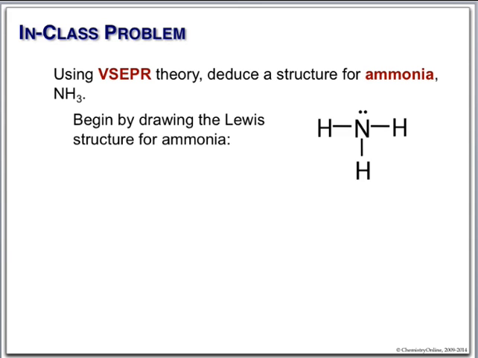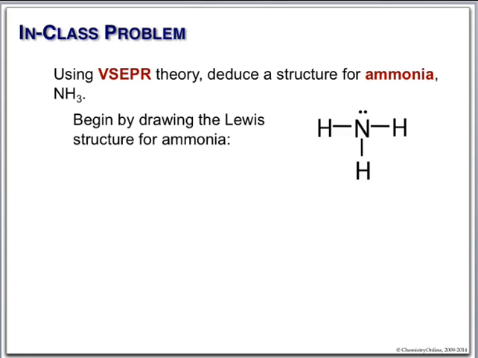Now what you do is you look and you say to yourself, how many electron pairs are around this nitrogen? Well, it has 3 that are involved in bonds, right? And it's got this pair that are just sitting here. So all of these are going to want to be as far apart as possible.